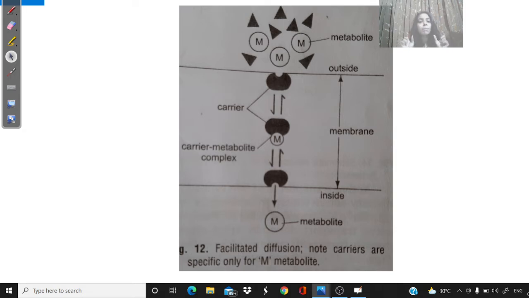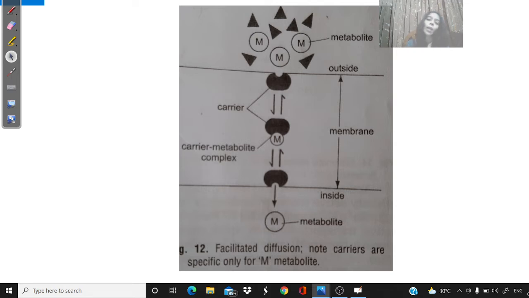So what is the main driving force of this process, if you are asked? No energy is required. There is nothing acting as a pump, giving a force. Then what is the driving force? The driving force for this process is nothing but the concentration gradient.